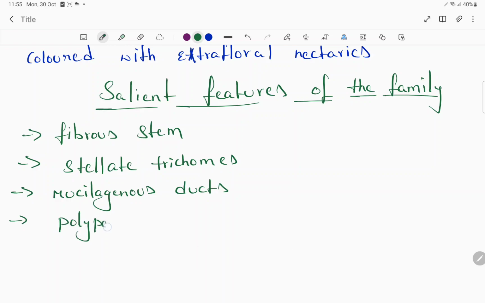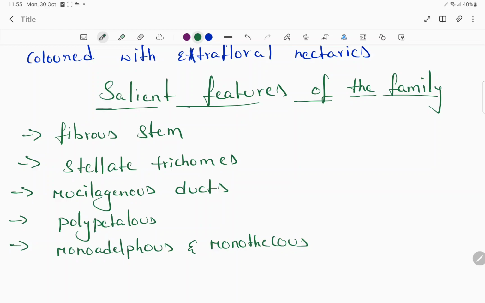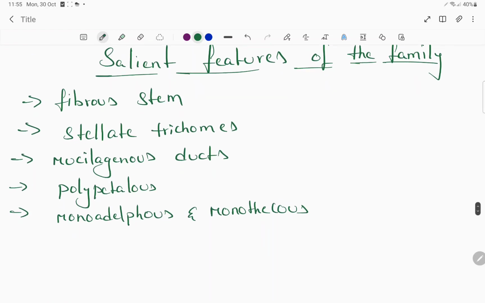Polypetalous. The androecium is very special. It is monoadelphous and monothecous. Gynoecium is multicarpellary, multilocular, syncarpous, superior, and we have axile placentation. Fruit is schizocarpic or capsule.